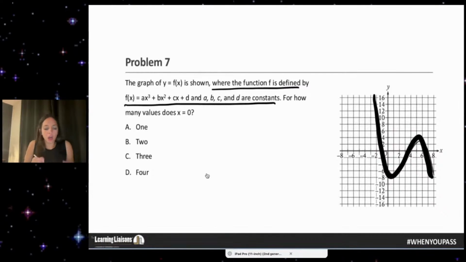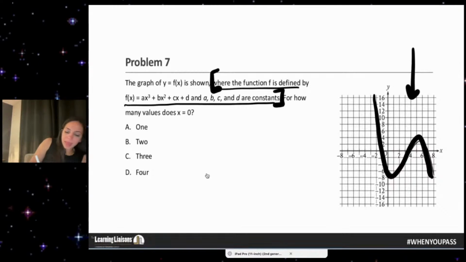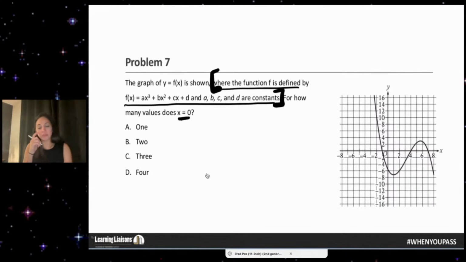All this is saying is that this is a cubic function with some numbers that affect it. And then they want to know how many values does x equal 0? And I'm telling you right now, the number one answer that people are going to answer is 3.